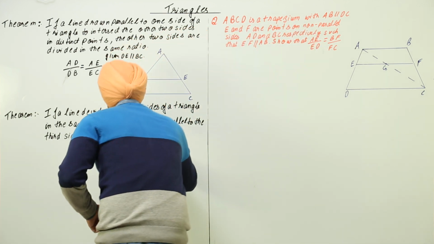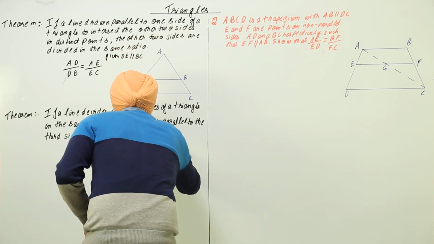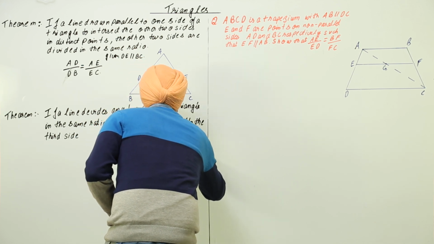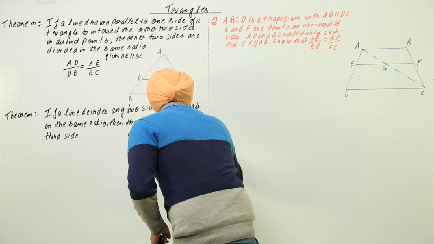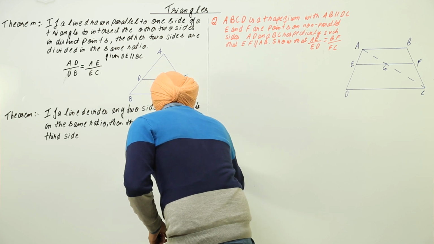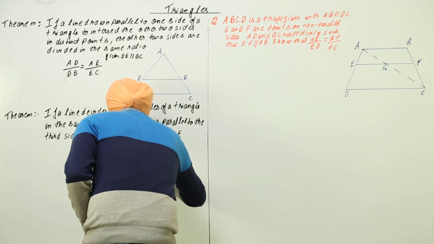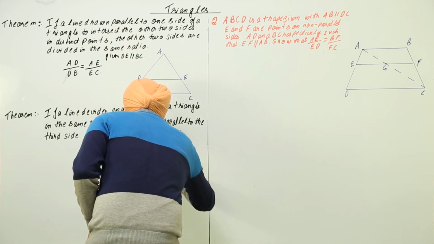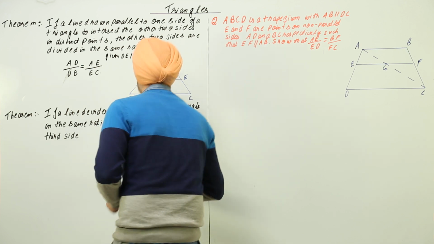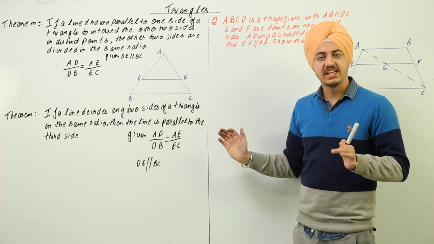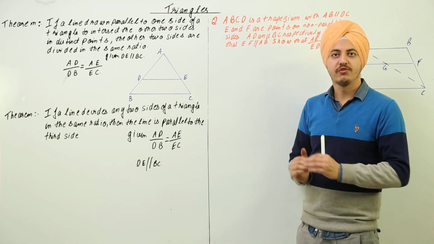In this it is just the opposite. What is given is AD upon DB equals AE upon EC, and what comes out is that DE is parallel to BC. That is it. So these are the two theorems.